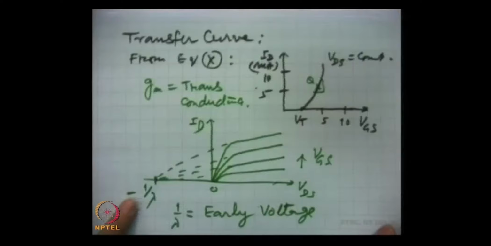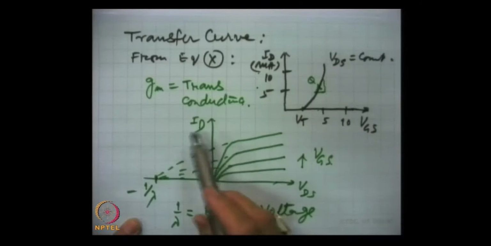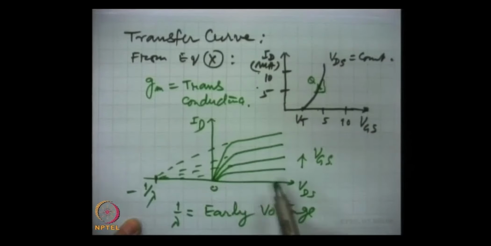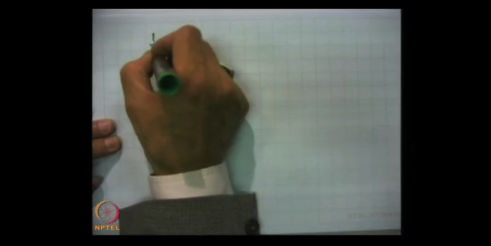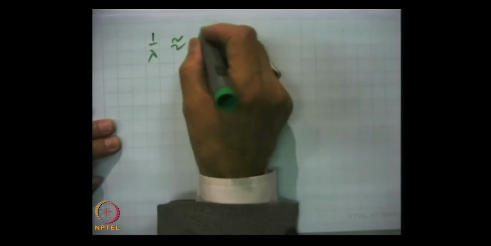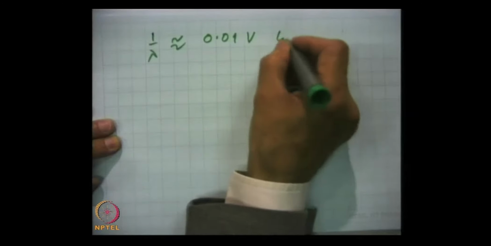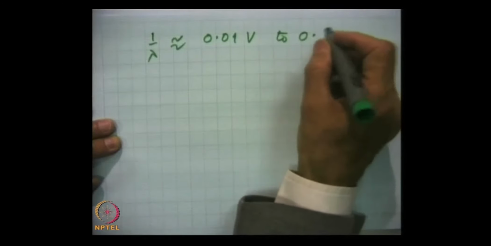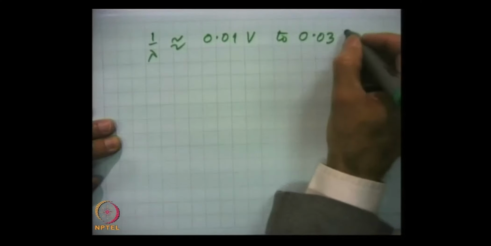So, when we take into account this weak dependence of drain current on VDS, this parameter can be taken, and this voltage, the Early voltage 1 by lambda, is of the order of 0.01 volt to 0.03 volts.